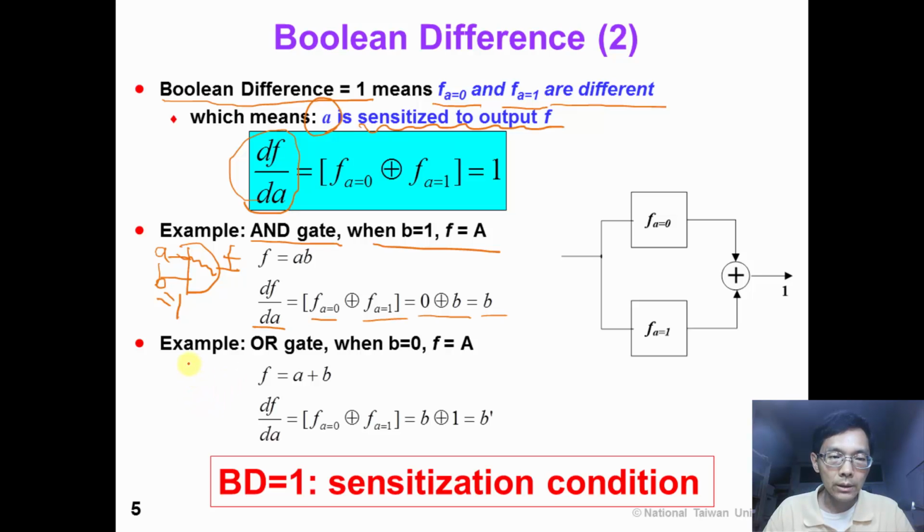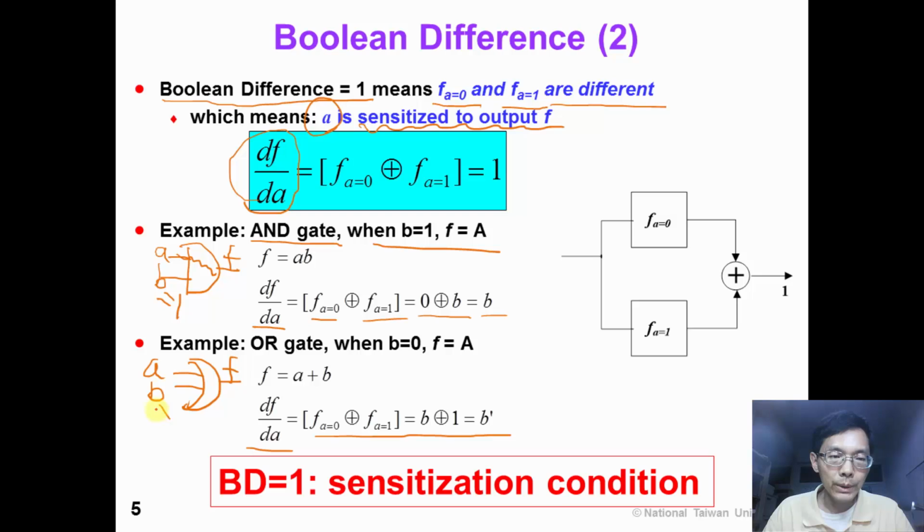For an OR gate example, function f is equal to A plus B. If we take the Boolean difference of f with respect to input A, we will get B inclusive or 1, which is B prime.